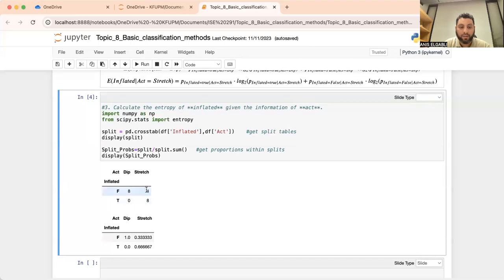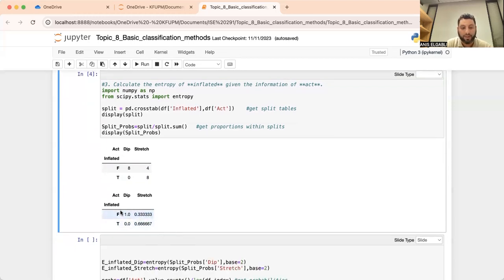Now if I want to compute the probability of inflated equal to false given act is equal to stretch, it will be 4 over 4 plus 8, 4 over 12, that is 1/3. If I want to compute the probability of inflated equal to true given act equal to stretch, it will be 8 over 8 plus 4, that's 8 over 12, that's 2/3, 0.67. Or I just take 1 minus this, and it will give me this one. So now I have computed all the probabilities.